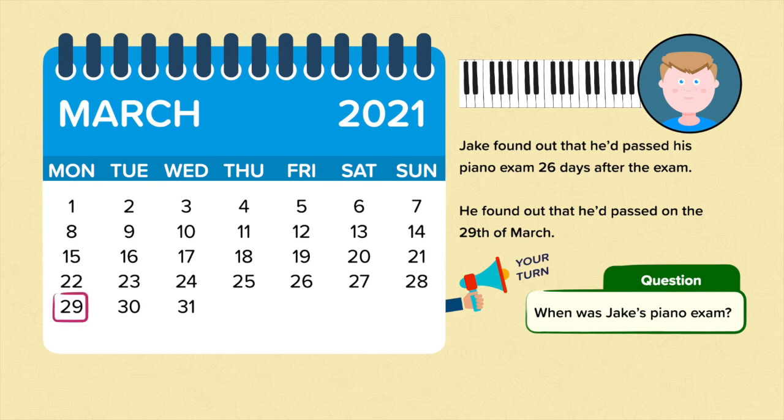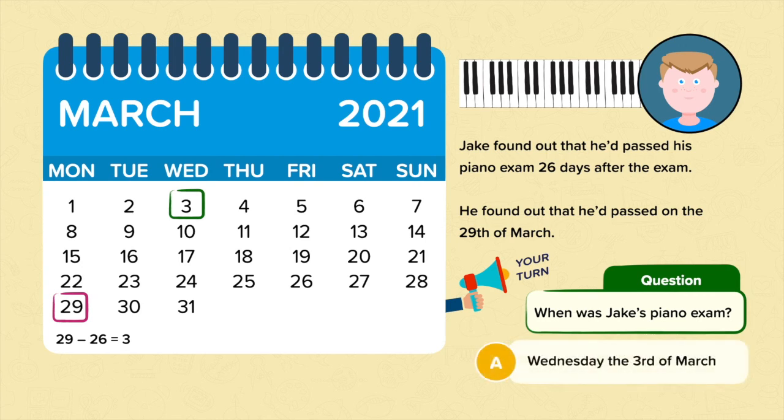Well done if you started with the 29th and subtracted 26 days. 29 subtract 26 is 3. So Jake's piano exam must have been on Wednesday the 3rd of March. Well done if you got that correct.